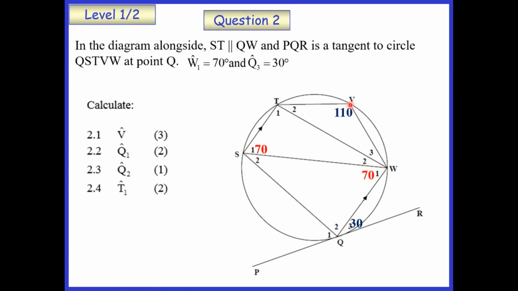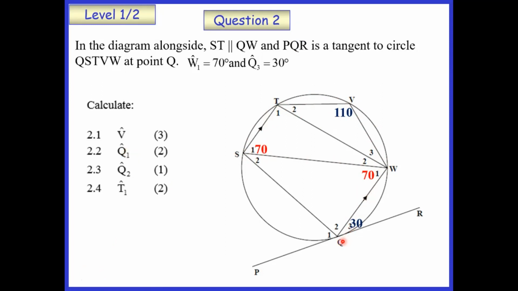Then we're going to get V. V is equal to 110. And why is V equal to 110? Because they must add up to 180. Cyclic quad. All you have to say is cyclic quad TSWV. All right, let's move on.